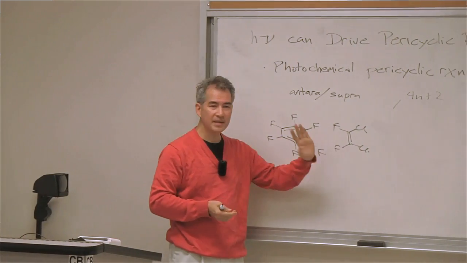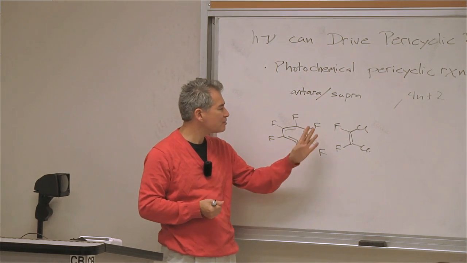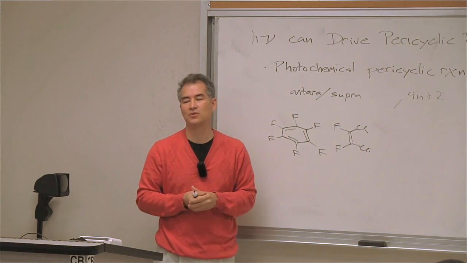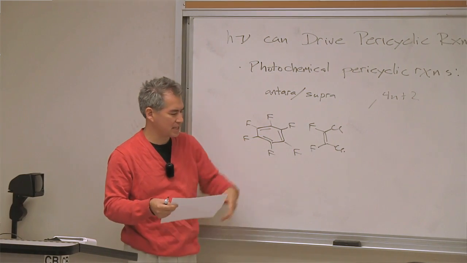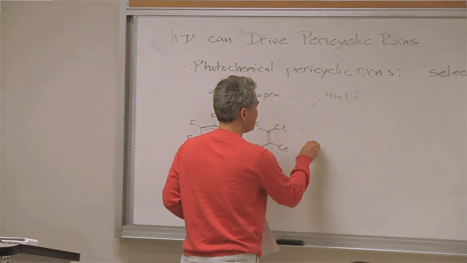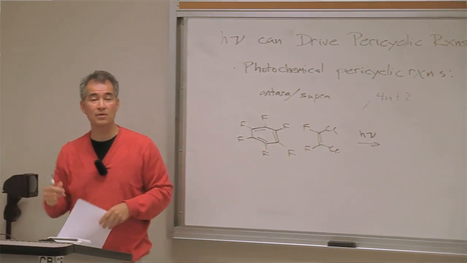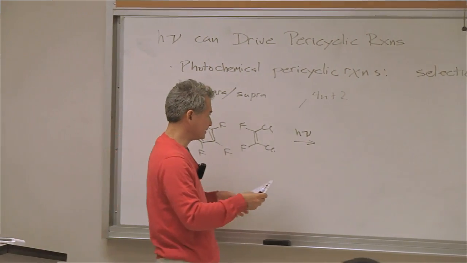If you just heat these things up, that will never occur. The orbital symmetry does not allow you to do a pericyclic 2 plus 2 between simple alkenes or between a benzene ring and a double bond. But if you irradiate this system, now it works. And now it can do a 2 plus 2. Face to face, suprafacial, suprafacial.